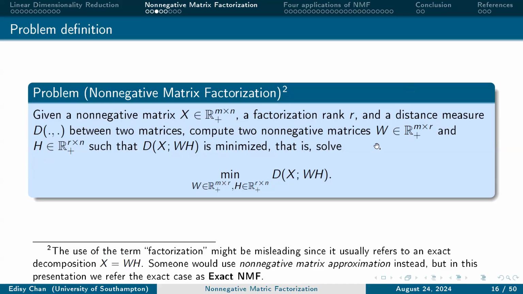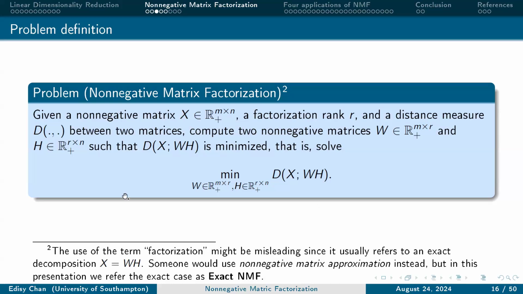Here W will also be the matrix of the basis elements, and H will be the matrix of the scalars. You may be wondering, this is not really factorization in the linear algebra sense, because usually when we talk about factorizations, we talk about X equals the product of W and H. But we're not using that meaning here.